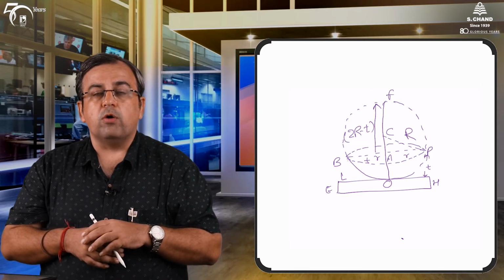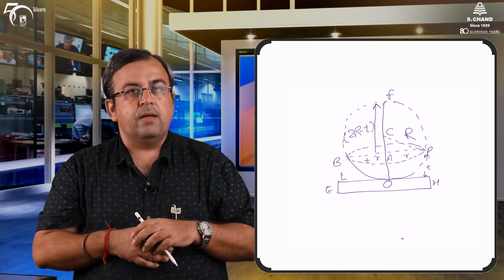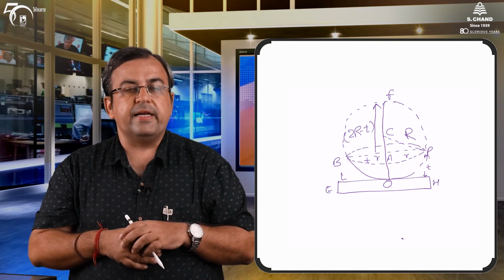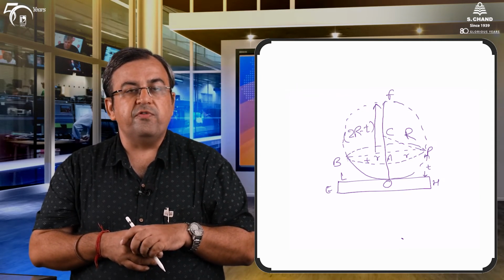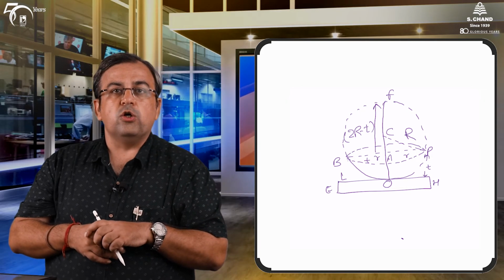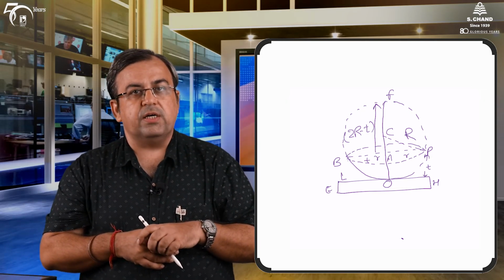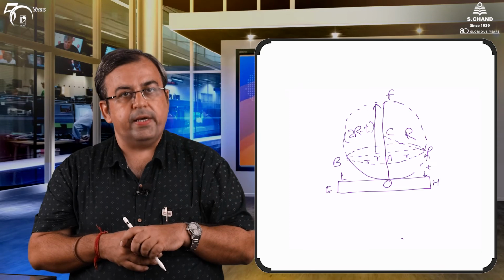That's why, to observe the rings in the Newton rings experiment, the radius of curvature should be very large. If we do that, we'll be able to observe the rings in a better way, right.